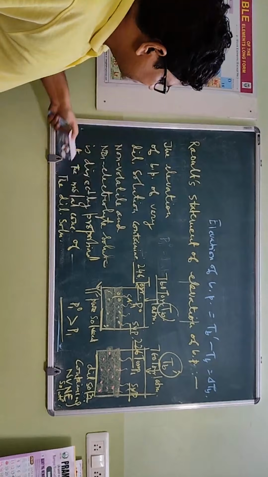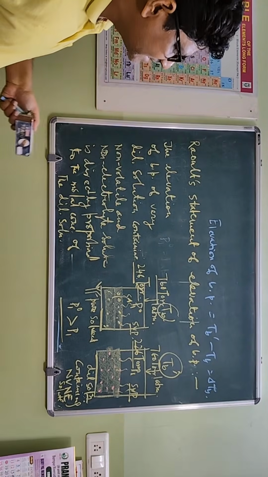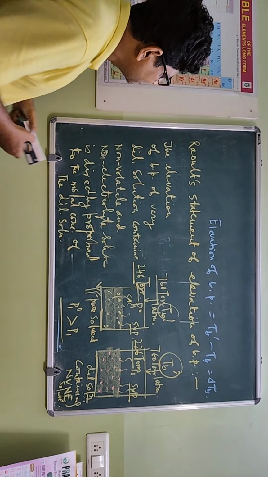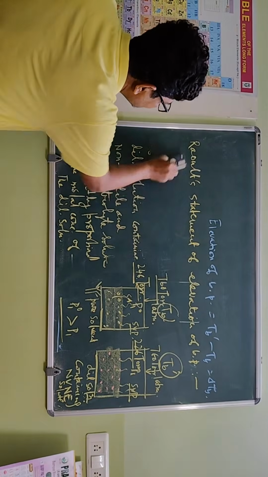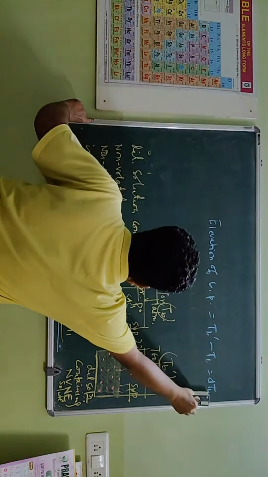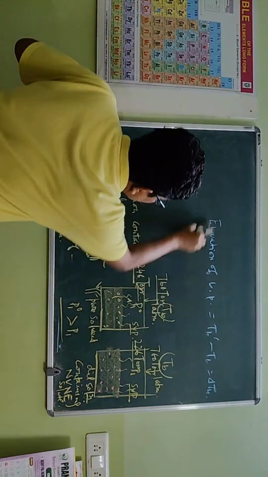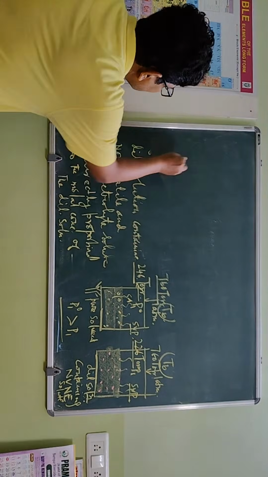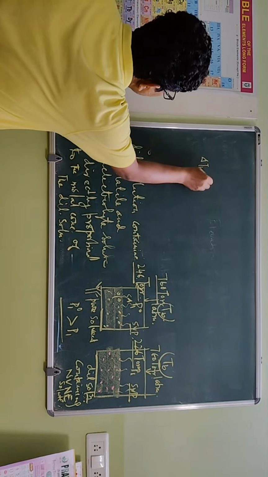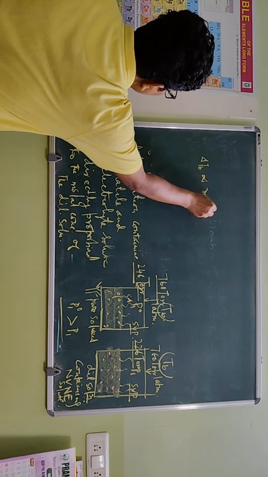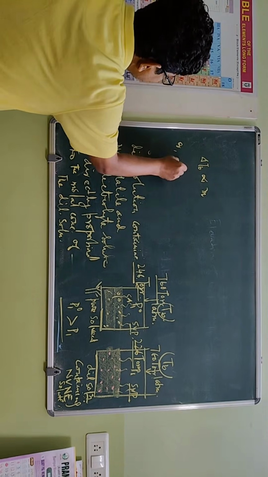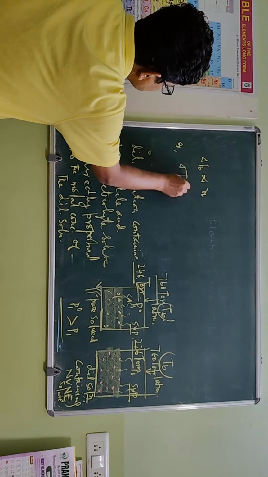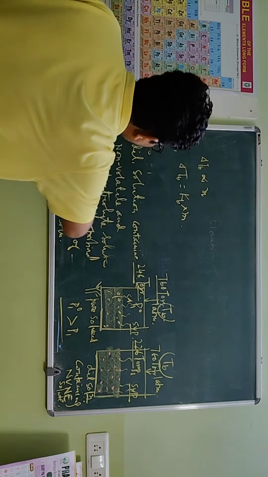The statement is very clear to us that there is a quantitative relation between the molar concentration and the elevation of boiling point. The mathematical expression is delta TB is proportional to molar concentration. So you can write delta TB is equal to Kb into m.